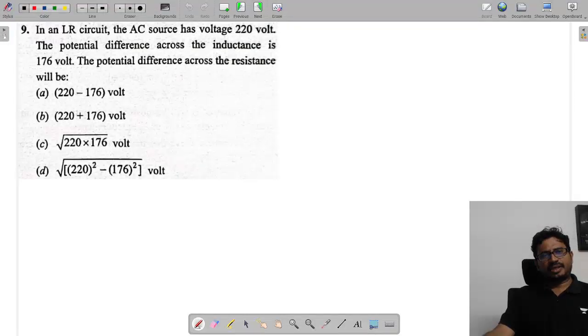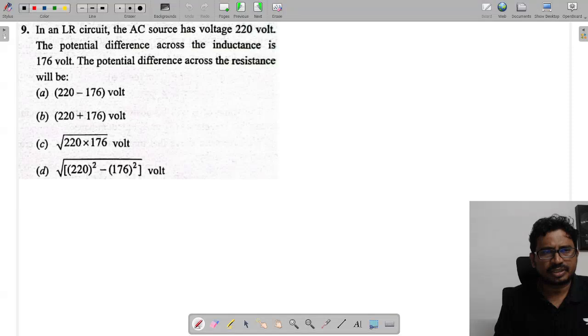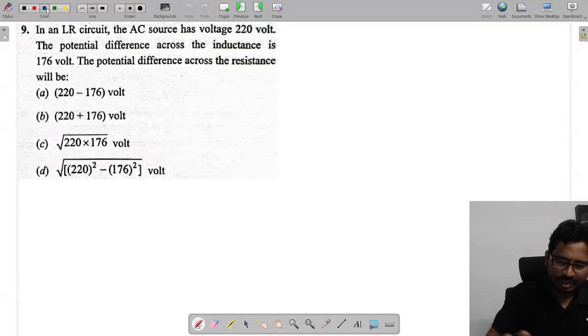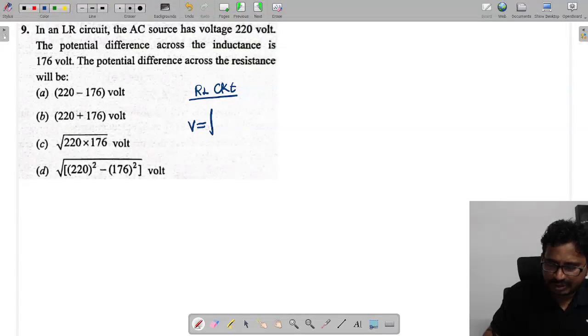In an LR circuit, the AC source voltage is 220. The potential difference across the inductor is given. Now, the circuit is given as an RL circuit. For this RL circuit, the voltage V is given as square root of VR square plus VL square.